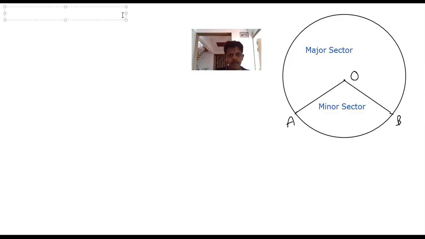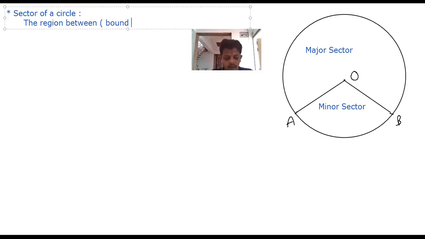So write down with another star mark: sector of a circle. What is the sector of a circle? The region between, or bound by. Between and bound mean the same: between the things, or bounded by the things.